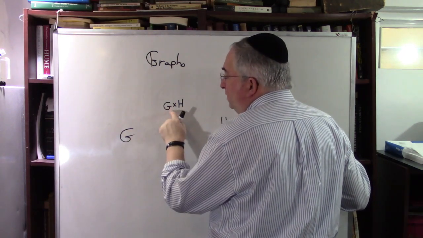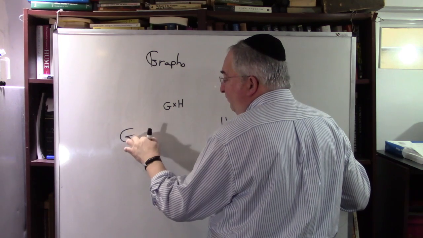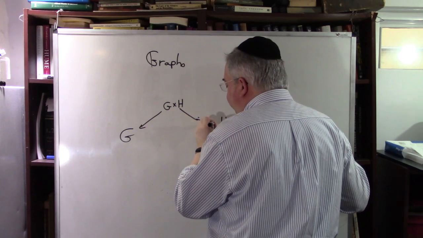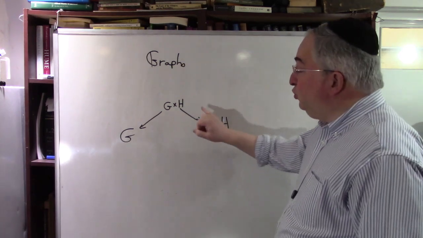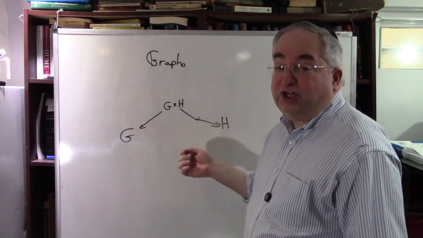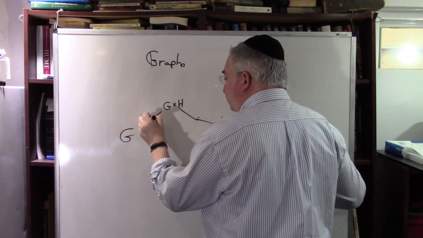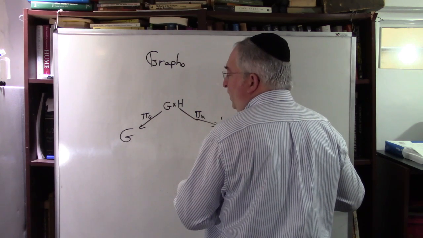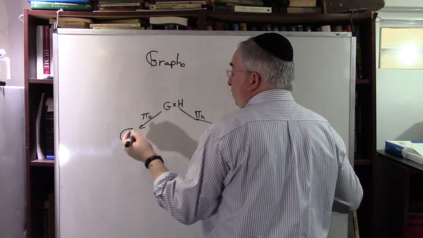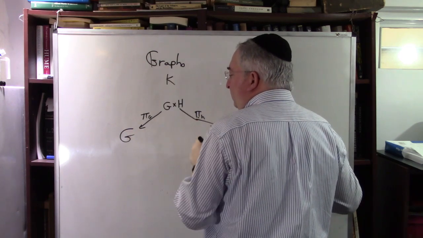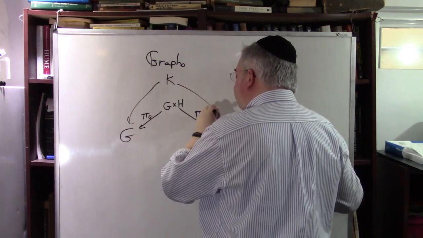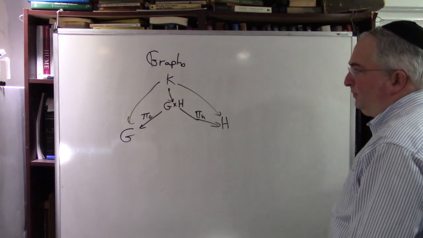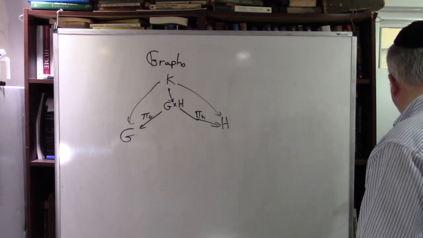There's a morphism only if there's a morphism here and a morphism here. And they have graph homomorphisms that are projections, pi of G, pi of H. And if you have any other graph, let's call it capital K, with morphisms here, then there's a graph homomorphism like that. So graphs have products.